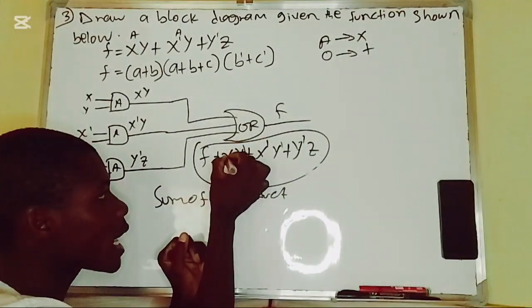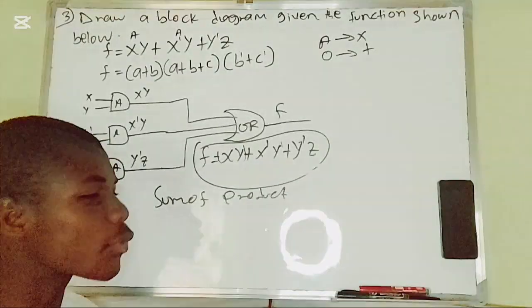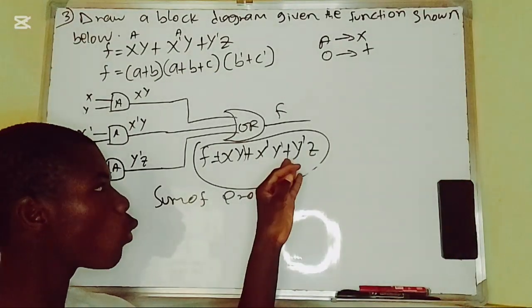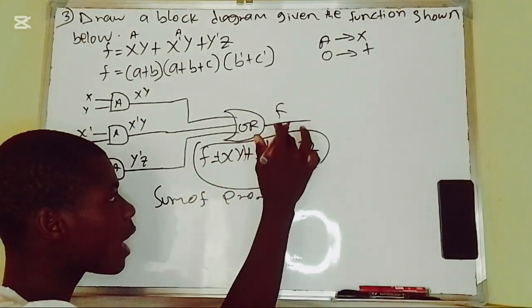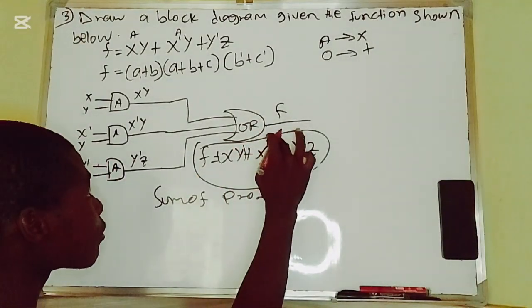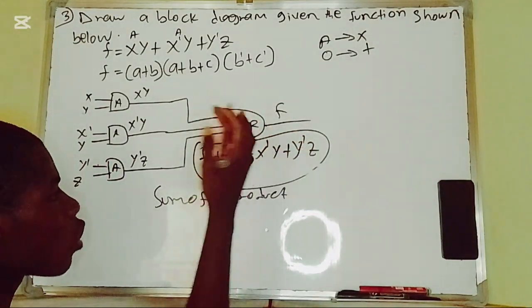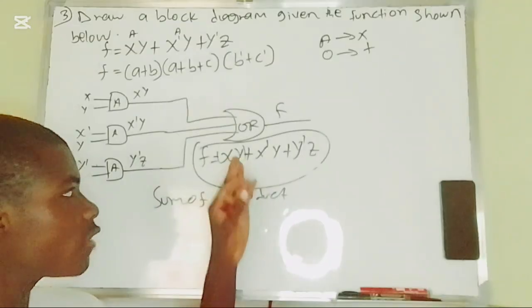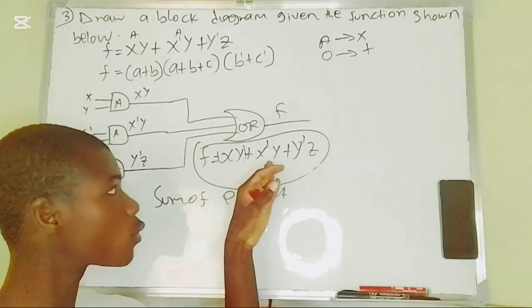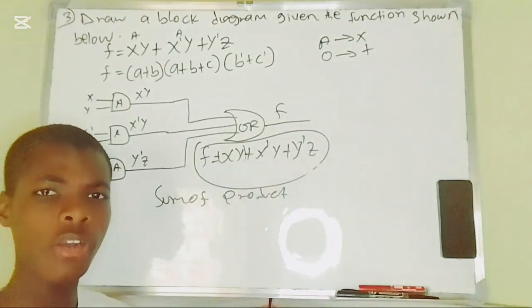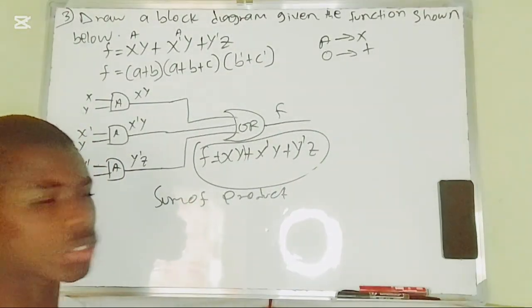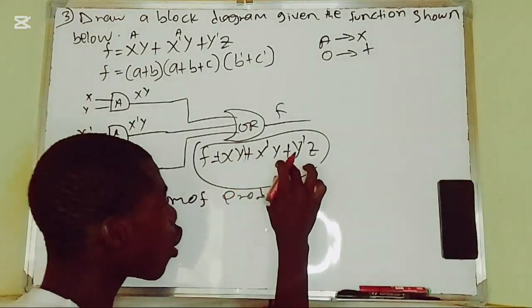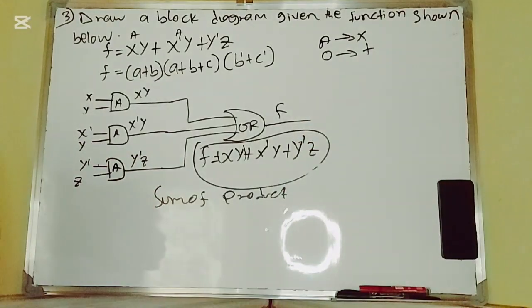And this is a product, X times Y, you are multiplying. And therefore Y multiplied by Z, you are also multiplying. Also X prime and Y, if you multiply, you get a product. So in a sum of products, this is a sum and these are products.